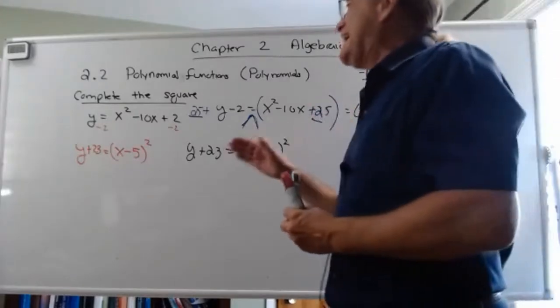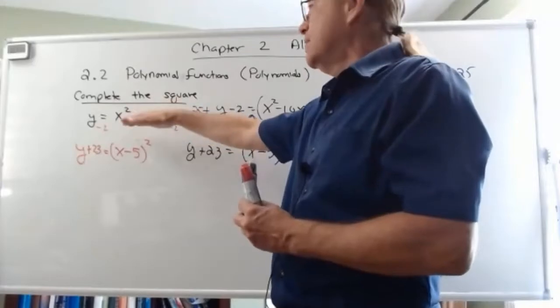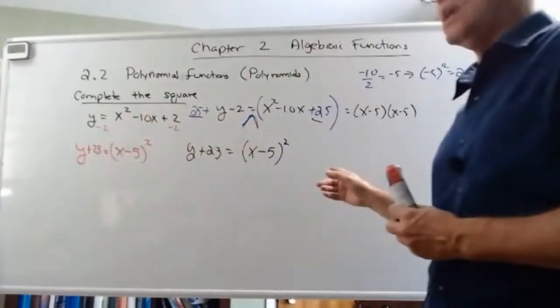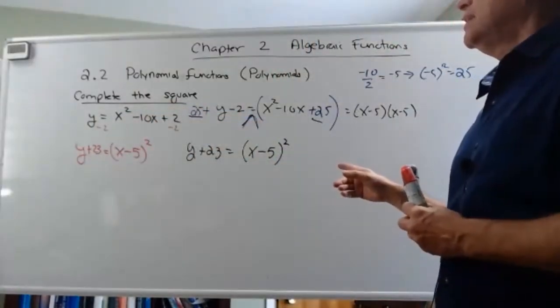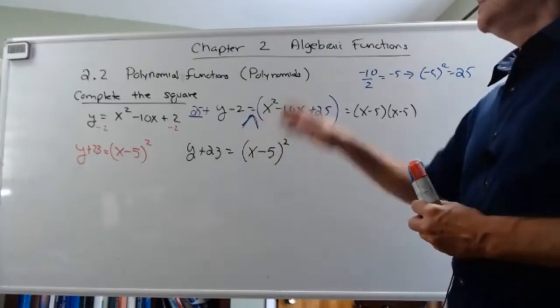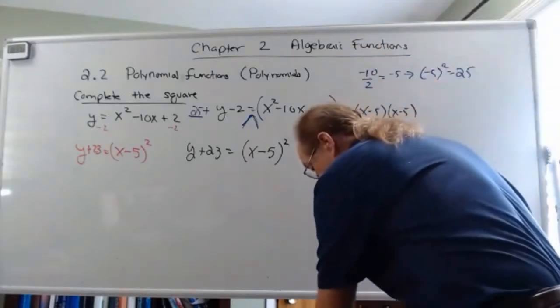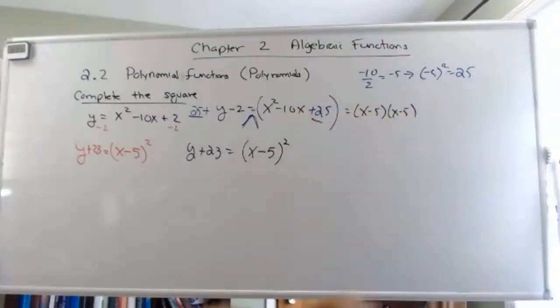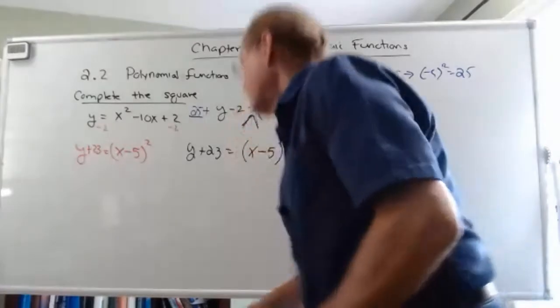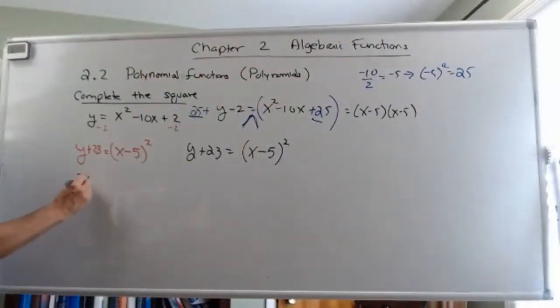Okay, so we can take any quadratic function or quadratic polynomial function and complete the square. And we'll always be able to put it in this form. This is an example of that. So in general, I have the following.